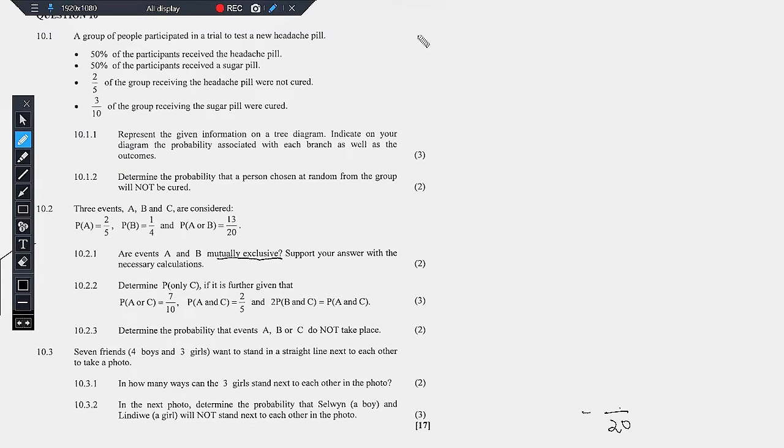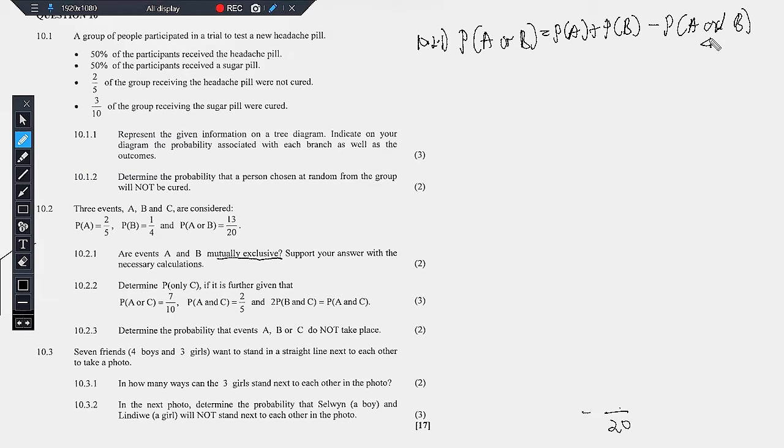Right. So for 10.2.1, we know of a formula that goes P(A or B) is equal to P(A) plus P(B) minus P(A and B). So this formula is used to test whether we have mutually exclusive events or not. But what is the determining factor here?